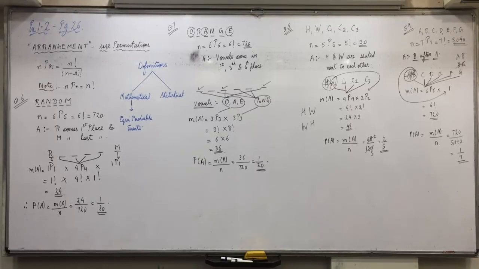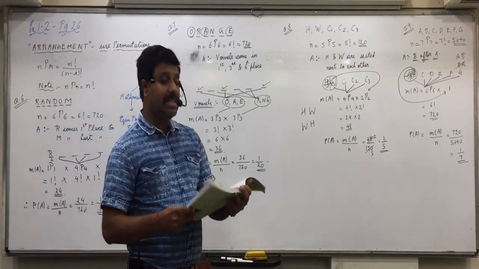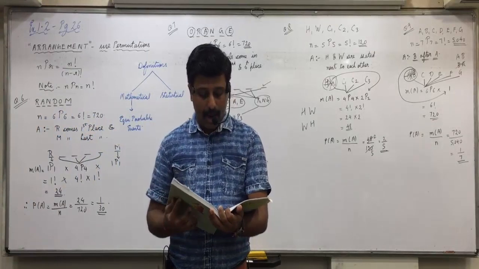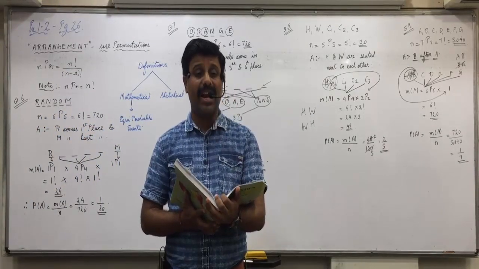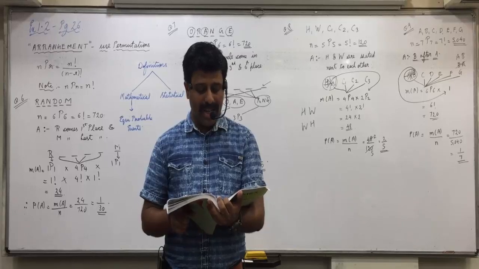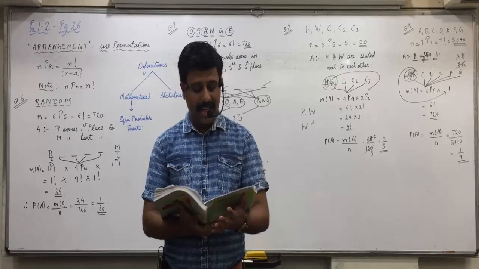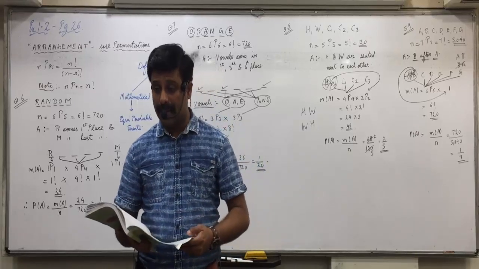Equiprobable events: if there is no apparent reason to believe that out of one or more events of a random experiment, any one event is more or less likely to occur than the other events, then the events are called equiprobable events.